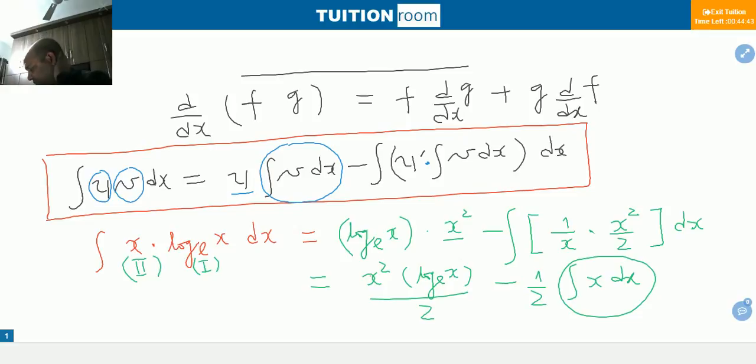So I am going to tell you a way how to use this formula. How will we select the first function and second function? This is very important. There is something called ILATE.